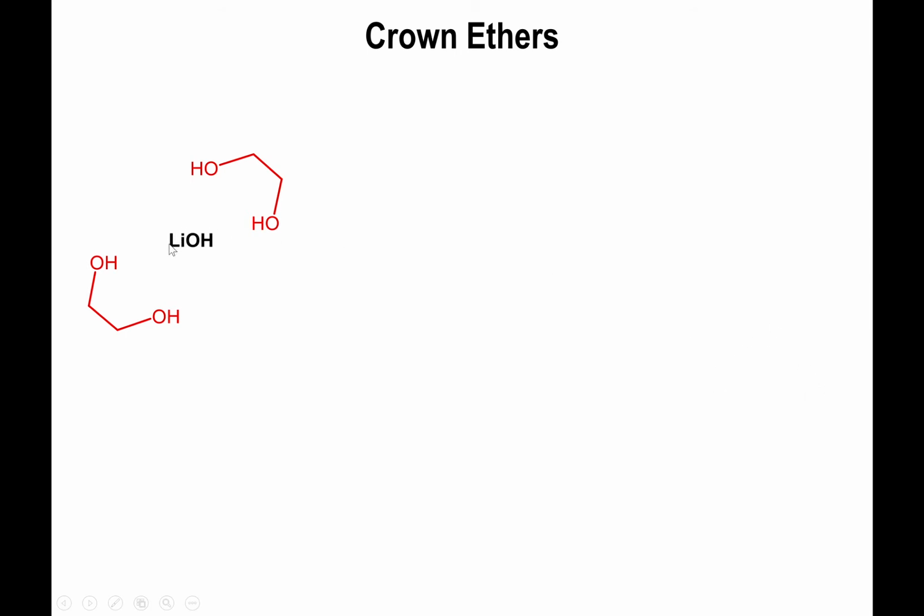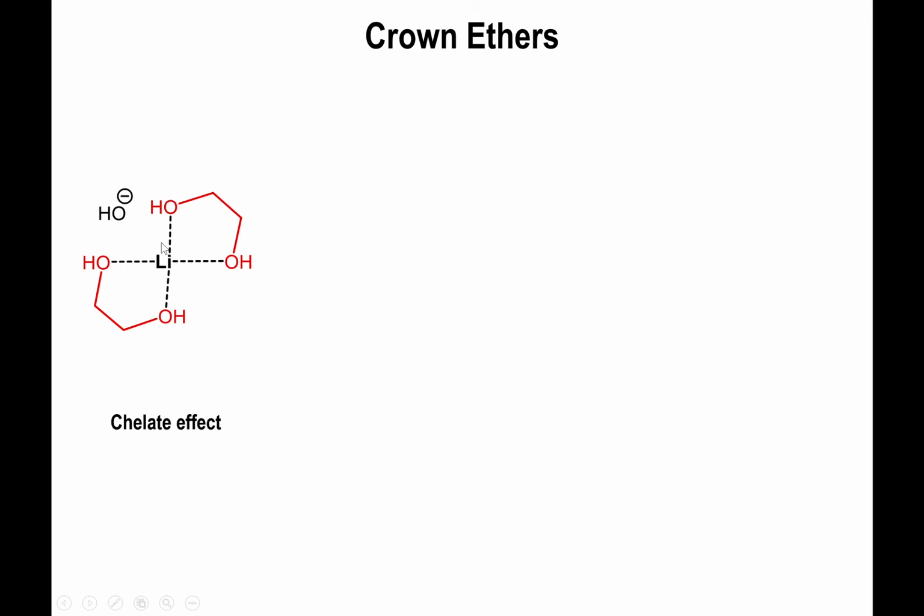And if you do mix, for instance, ethylene glycol with a strong base like lithium hydroxide, what happens is that the ethylene glycols coordinate to the lithium via those coordinate covalent bonds, leaving the hydroxide as a naked anion, which ultimately removes a proton out of one of the ethylene glycols and creates this alkoxide functionality.